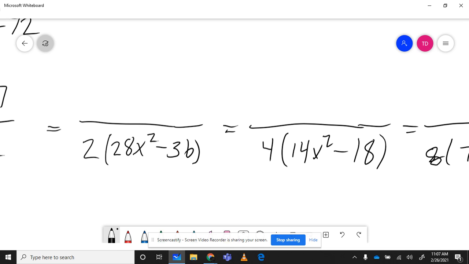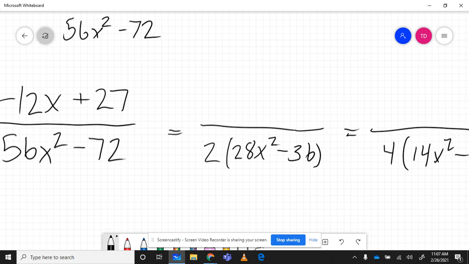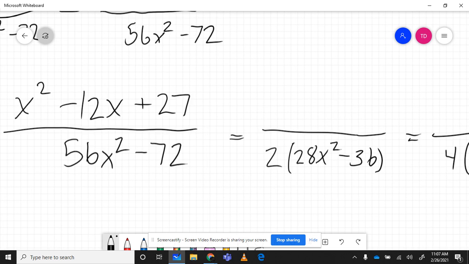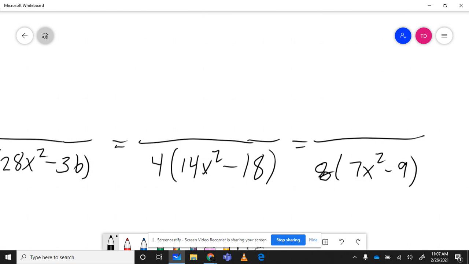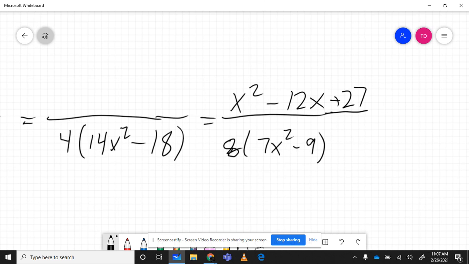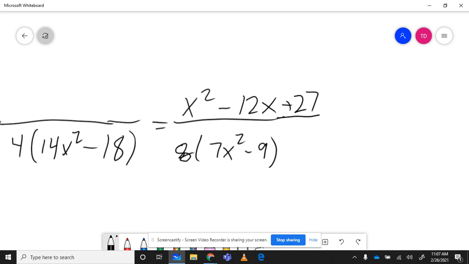Now, if you get that other stuff all the way over there, x squared, negative 12x, 27, I don't know how I would get this factor, so I'm not sure that's going to get me anywhere.